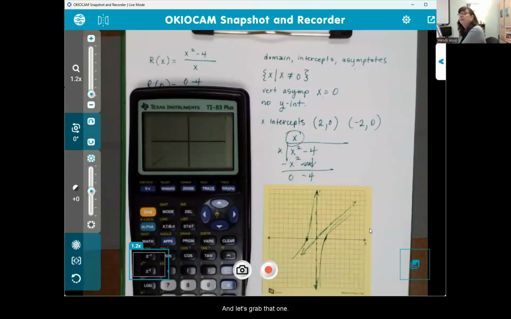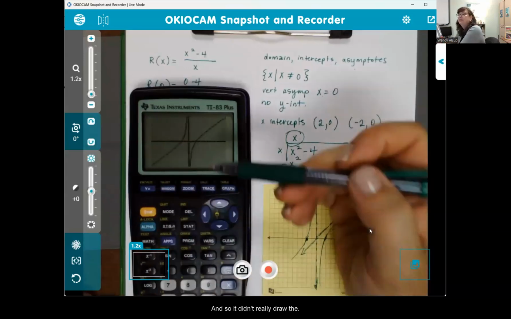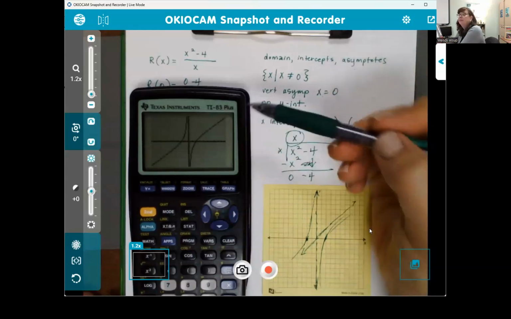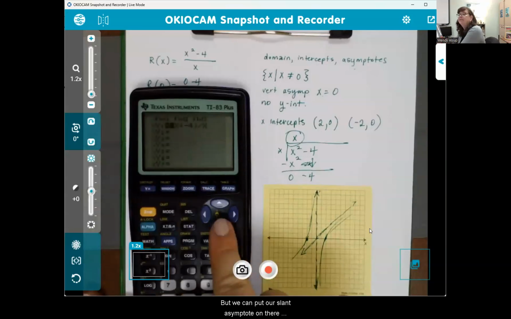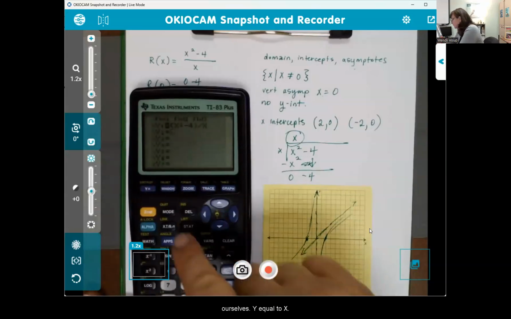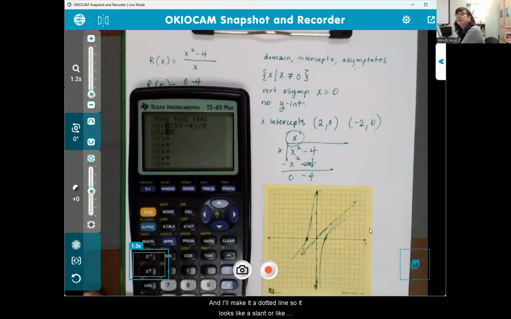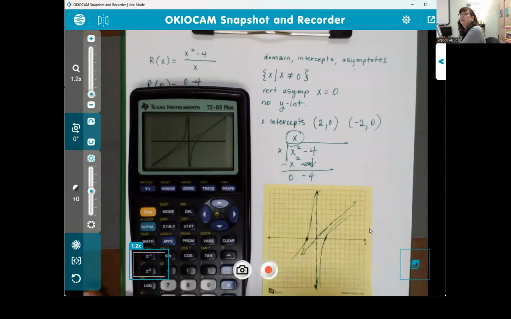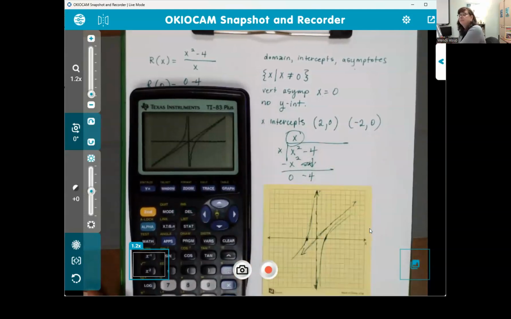And let's graph that one. Yeah, that's what it's doing there. And so it didn't draw our slant asymptote at all, but we can put our slant asymptote on there ourselves, y equal to x, and I'll make it a dotted line. There we go. That's our slant asymptote there.